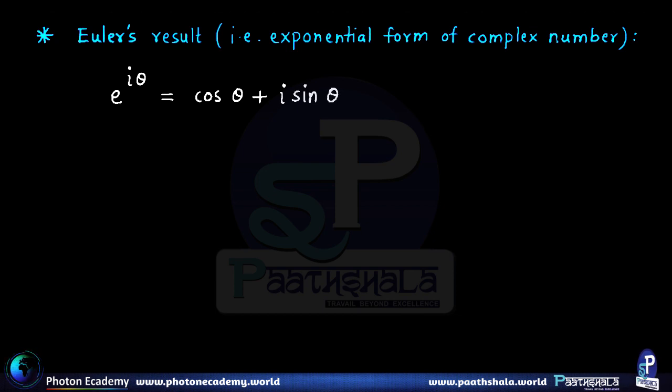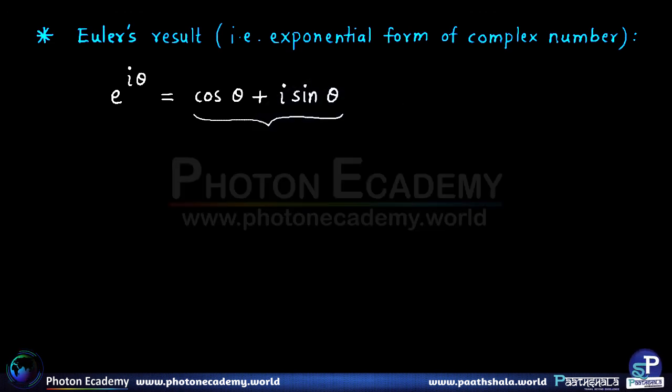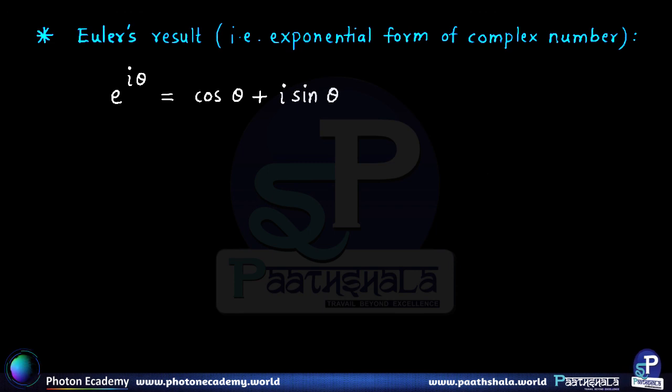So that means if we look at this particular complex number on the right hand side, we can see that the cos theta is nothing but the real part of this number and sine theta is the imaginary part. So this particular expression can be written as e raised to i theta, which is nothing but the Euler's identity, and it is true for any value of theta.